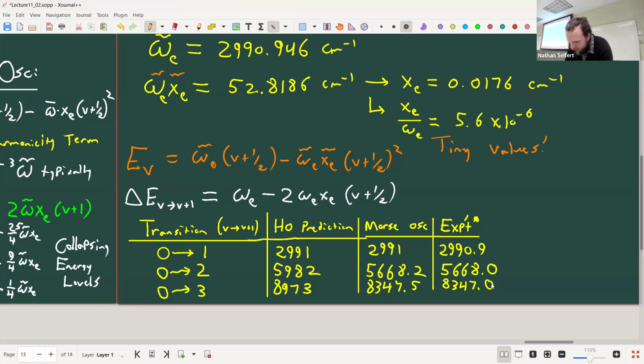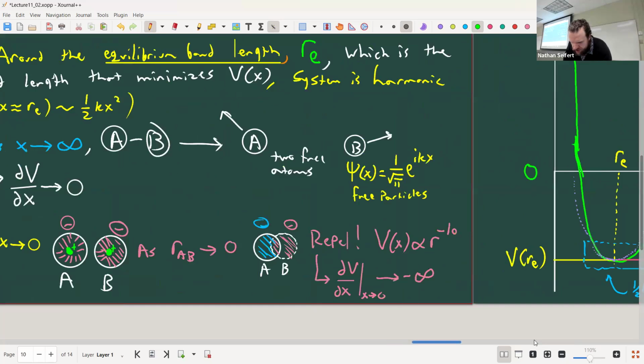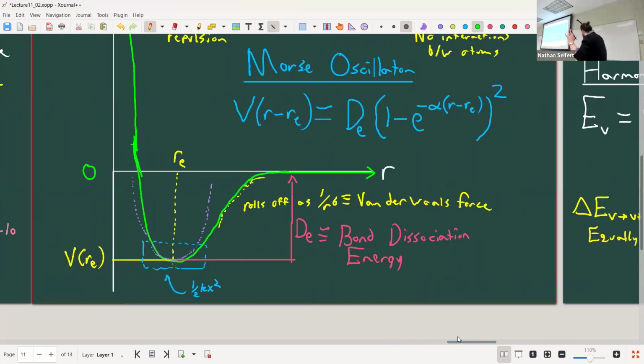But it works. Remember one of the discussions that we had about the Morse oscillator, you probably don't remember this, it was a week ago, is that in some sense the anharmonicity is turning on continuously. So when you're looking at levels that are close to the bottom, just like v equals 0, the potential looks a lot like a parabola.